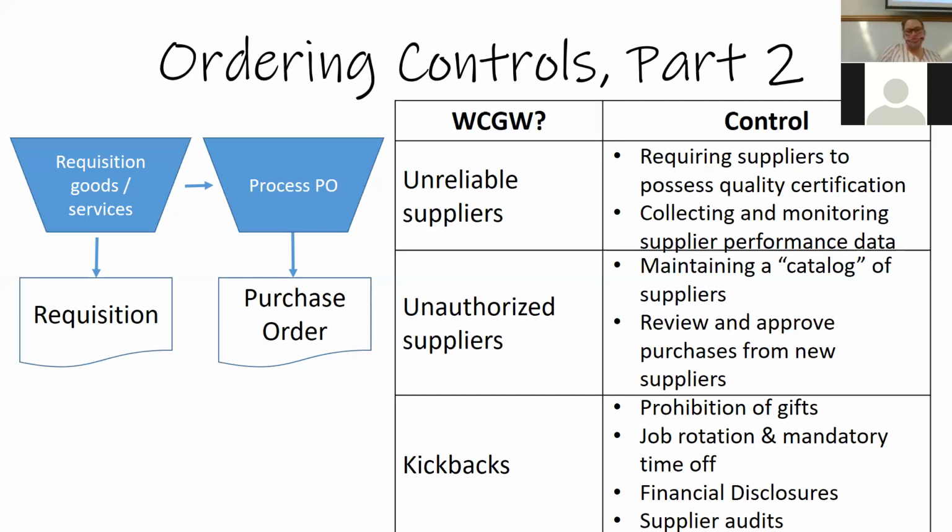Or, not a story with a happy ending necessarily, although I guess for me it was, one of my former employers got busted by the watchdog, the internal auditor at the Department of Interior, because they were giving gifts.